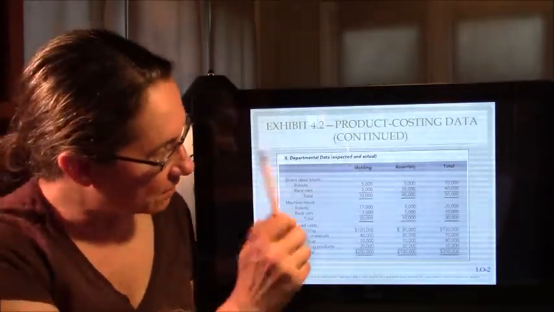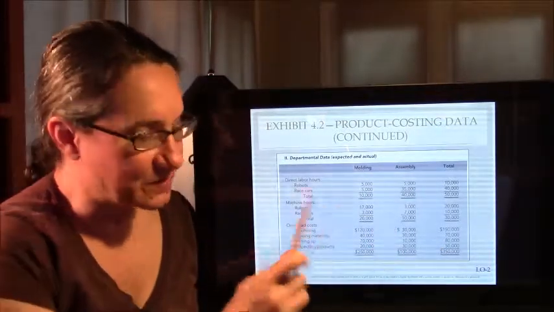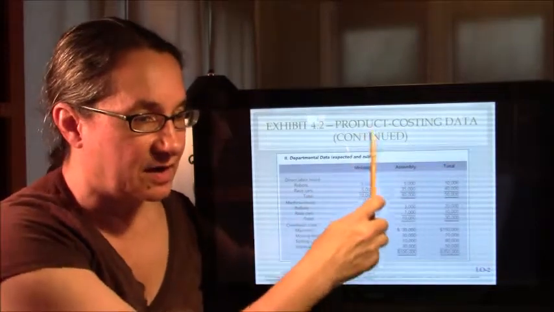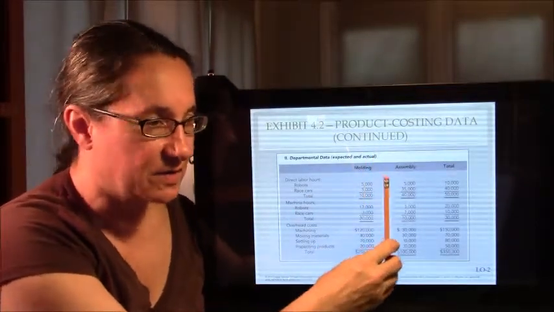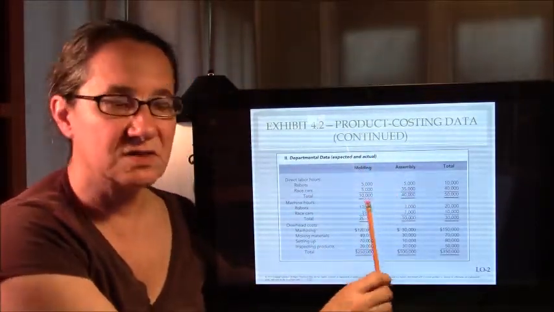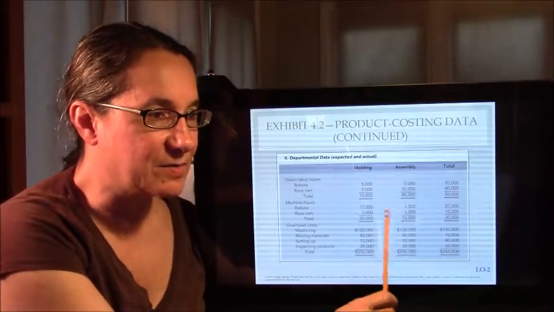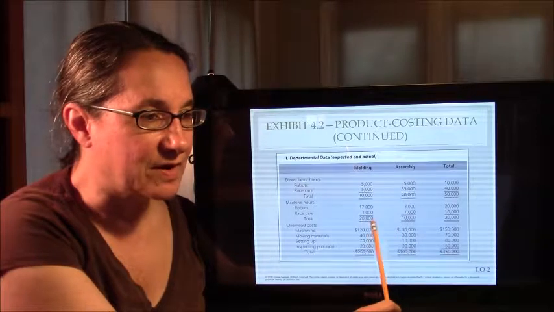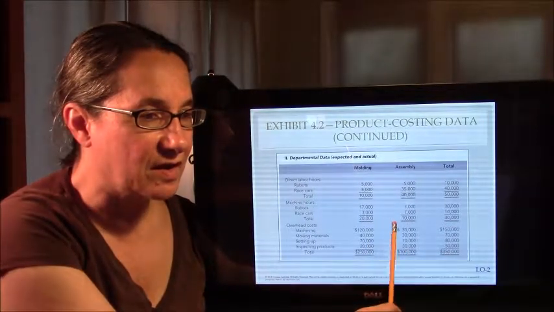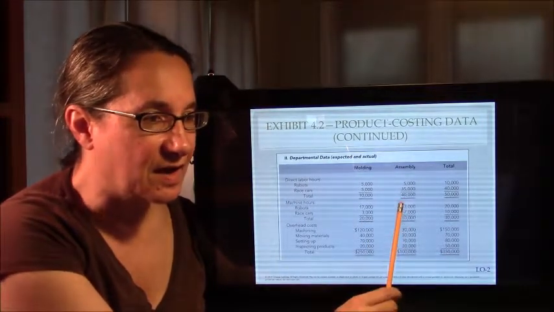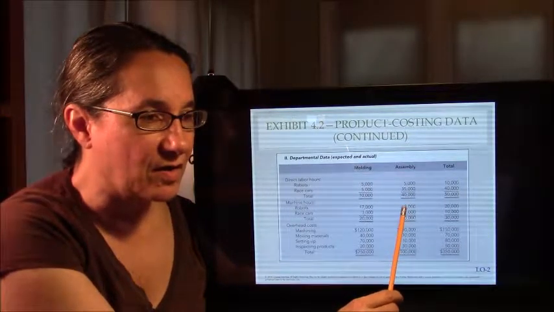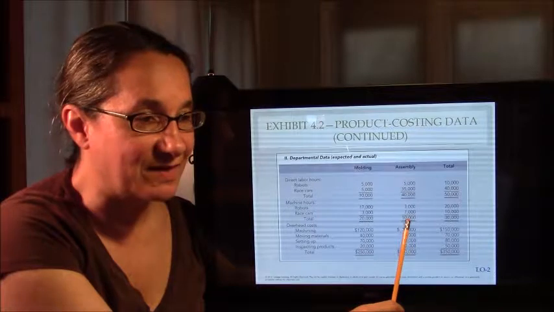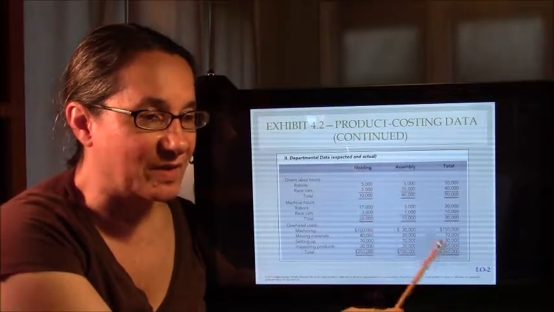All right, so there are 2 different departments. We've got 2 products, 2 departments, and here's how they expend the resources, right? You've got molding and assembly with labor hours. Look at that difference between race cars and robots in terms of assembly: robots 5,000 assembly, race cars 35,000, but molding is about the same.